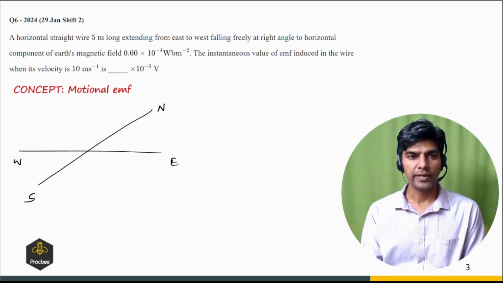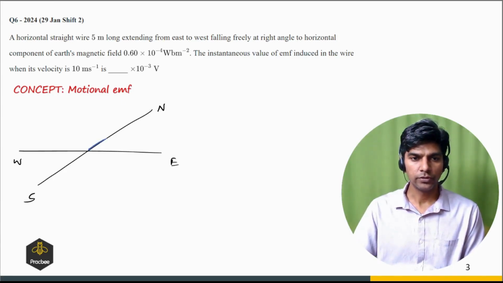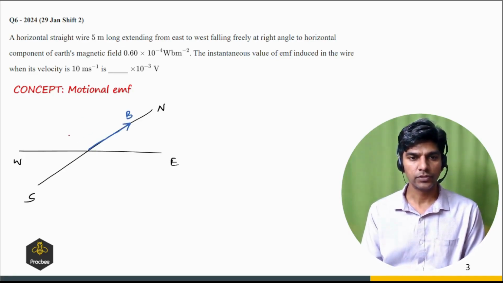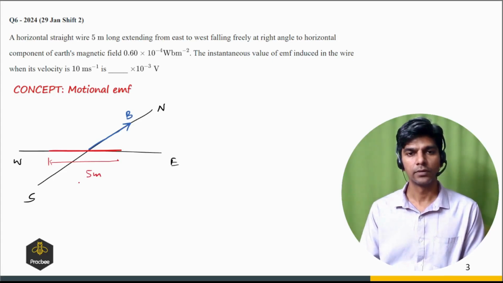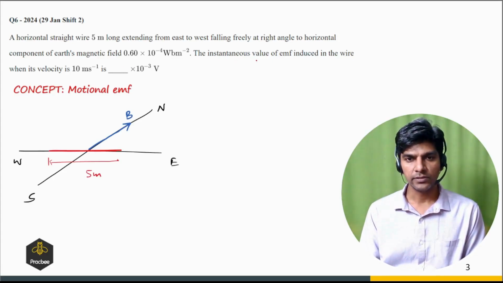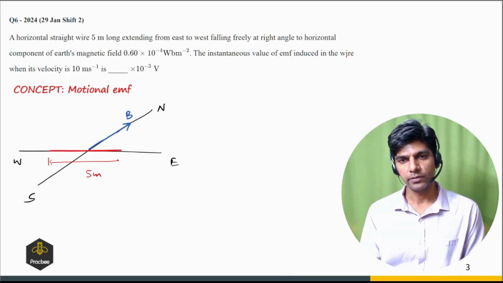The horizontal magnetic field will be from south to north, and there is a wire which is falling vertically, aligned from east to west, and its length is 5 meter. What is the instantaneous value of EMF induced in the wire when its velocity is 10 meters per second?